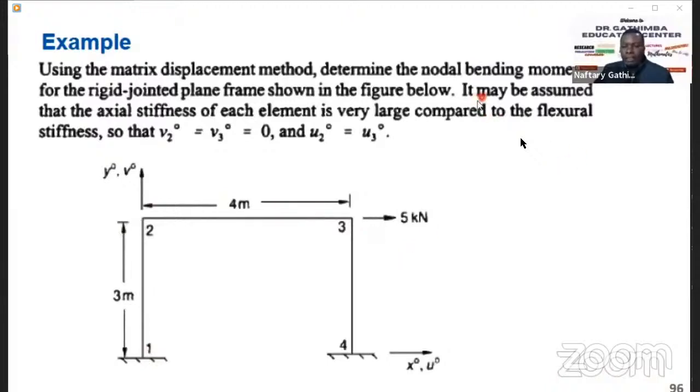So this statement that it may be assumed that the axial stiffness of each element is very large compared to the flexural stiffness means we can neglect the issue of K rod. Okay, so we just use the stiffness matrix K beam. So that's what it means. We are going to see a case whereby you don't need to disregard that, or you don't need to be worried about that statement.